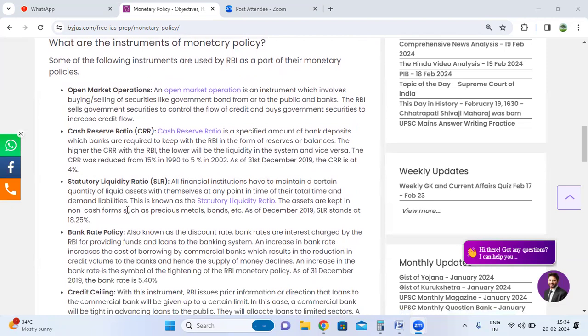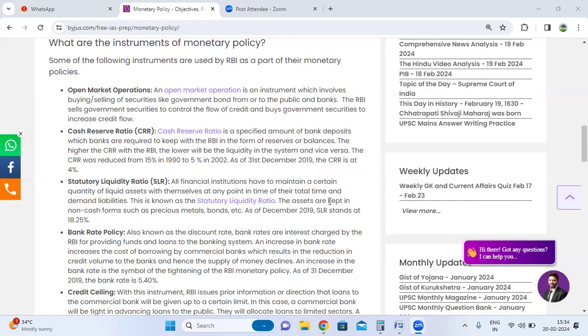Next, the statutory liquidity ratio. All financial institutions have to maintain a certain quantity of liquid assets with themselves at any point in time, as a share of their total demand and time liabilities. This is known as the statutory liquidity ratio.